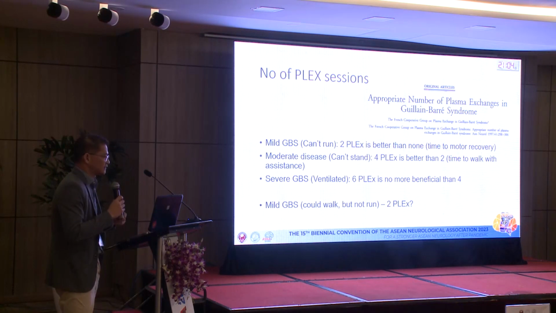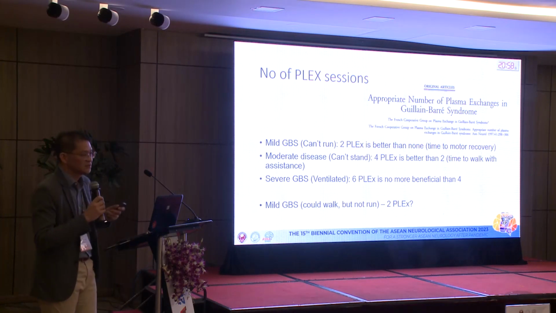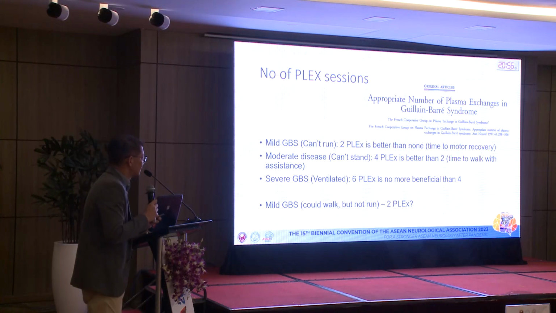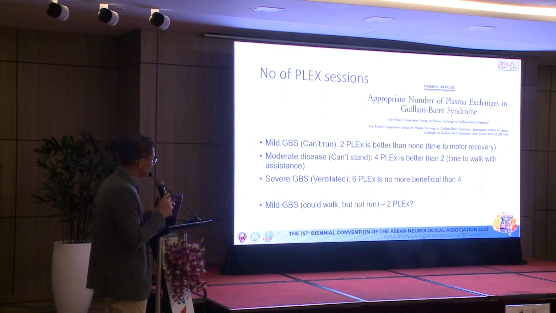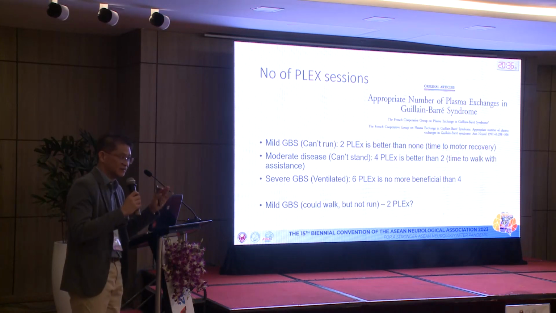So in terms of the number of plasma exchanges in Guillain-Barré syndromes, we normally do 4 to 5 courses of treatment. But based on this French collaborative study group comparing the use of different numbers of plasma exchange on mild, moderate, and severe Guillain-Barré syndrome, defined by whether you can run, whether you can stand, and whether you are ventilated due to the Guillain-Barré syndrome, you can see that 4 plasma exchanges is probably the minimum.